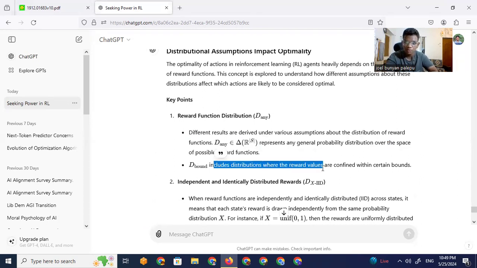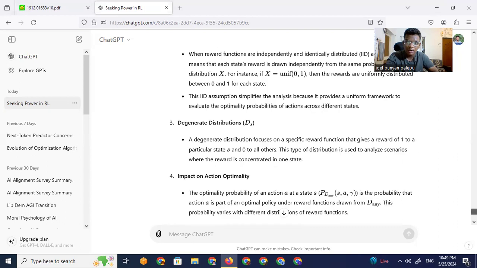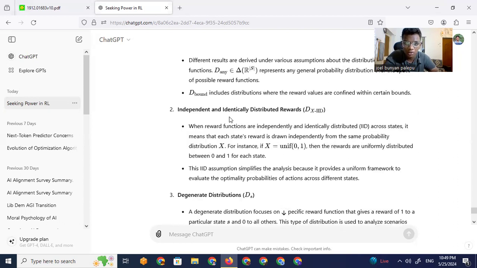D-bound includes distributions where the reward values are confined within certain boundaries. Independent and identically distributed rewards. When reward functions are independently and identically distributed, okay, I don't know what distributed means really.